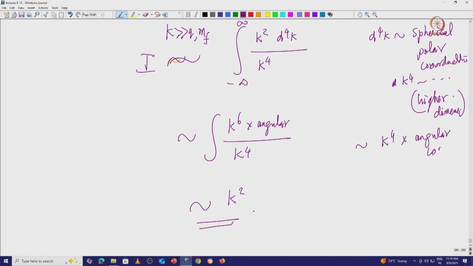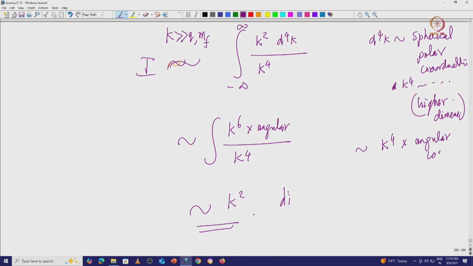So this integral is divergent and it has an infinity at the UV, at very large k. This integral goes to infinity. It is not a convergent integral. It touches infinity because it goes as k square, essentially k square divergent.